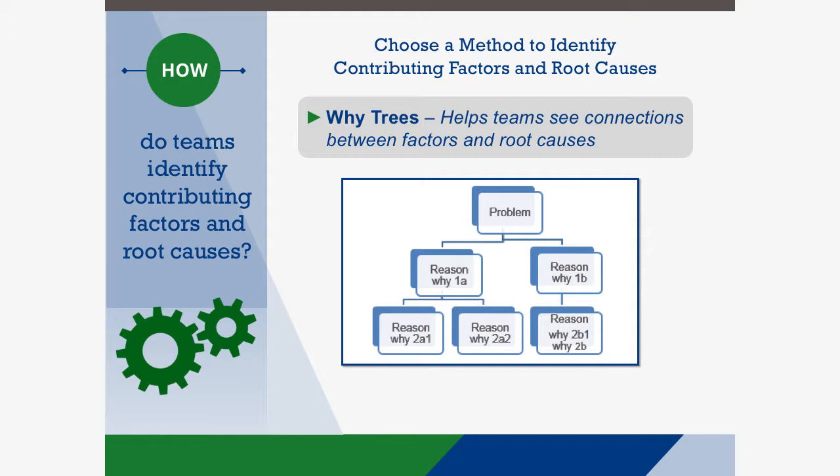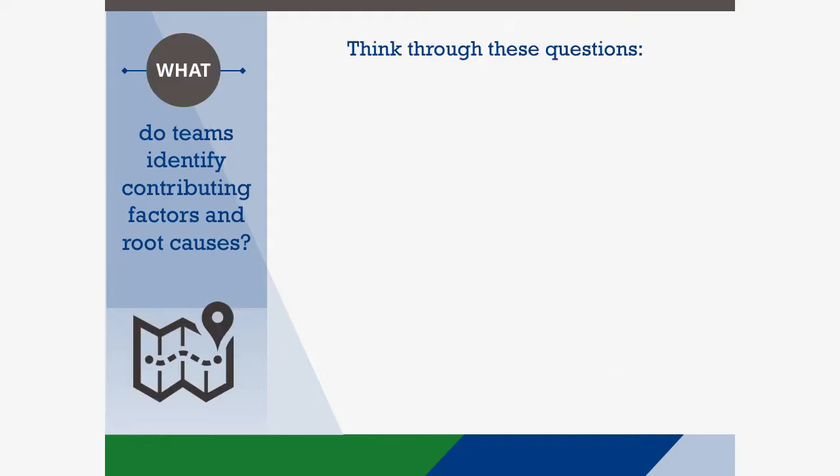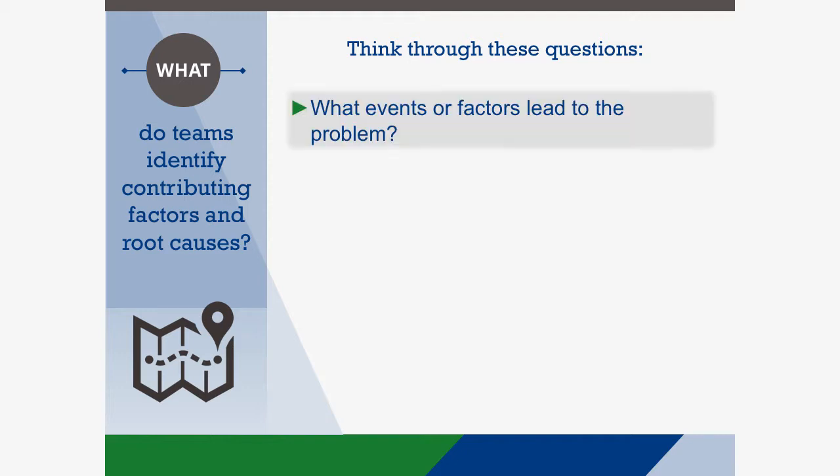Regardless of the method that teams choose, they should make every effort to confirm their ideas with data instead of relying on opinion. As teams work through the process of identifying contributing factors and root cause or causes, use data sources to consider these questions. What events or factors lead to the problem?